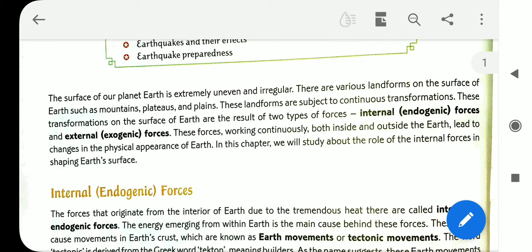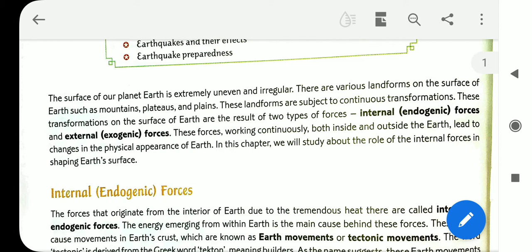Some forces happen inside the Earth, and some happen on the surface of the Earth. The internal or endogenic forces happen inside the Earth.